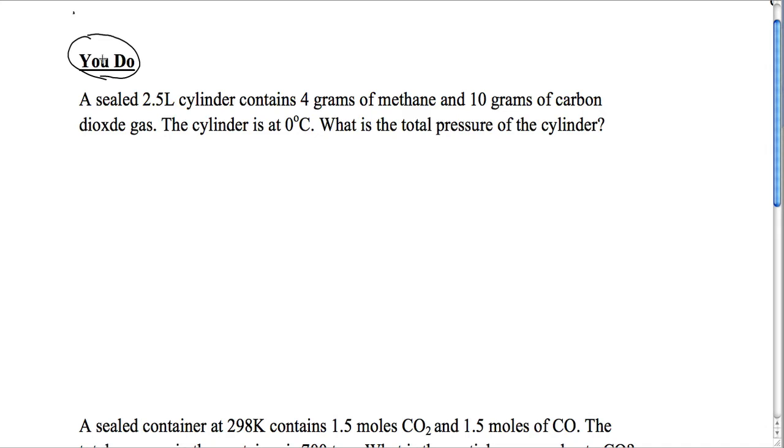Hopefully on this first problem you identified that you were given the volume and you were given two different gram values for different gases. So it was a mixed gas problem and you were given the temperature and the volume. And we were not given mole values. So hopefully you realize that we're going to use equation 2a.